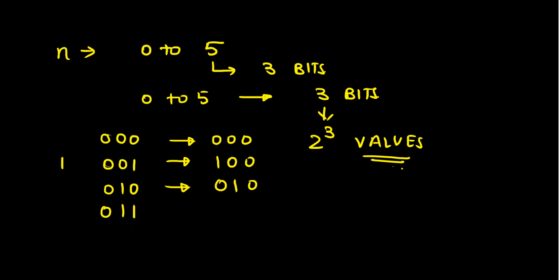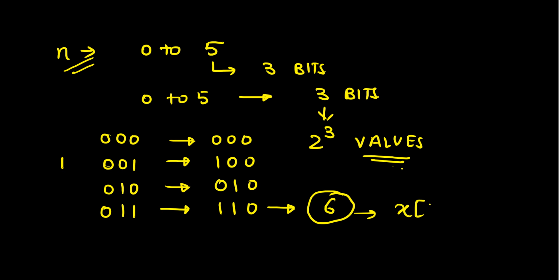If we consider 0 1 1, then it would be 1 1 0. Now this 1 1 0 is basically 6, but my value of n is only from 0 to 5, which means that this x of 6 is to be substituted as 0.